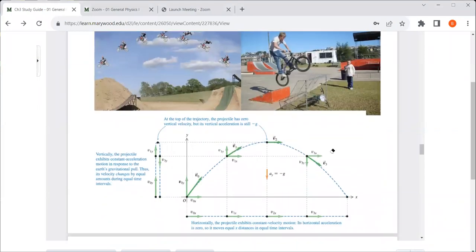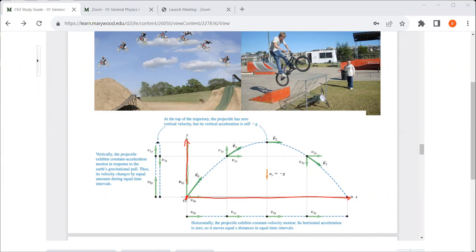So let's say we project some object at some initial velocity v0. This is our coordinate system. Let me use another color, red probably. Let's say this is coordinate y and this is coordinate x, and we have a projectile here. Let me say that it is a soccer ball. Here projecting means kicking.